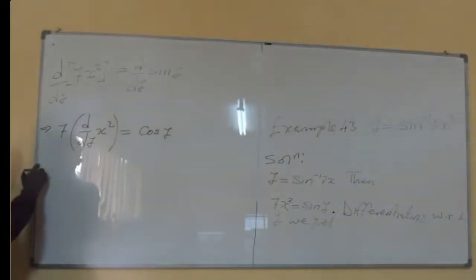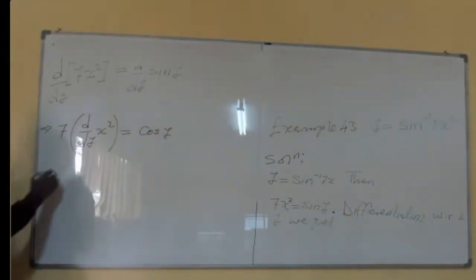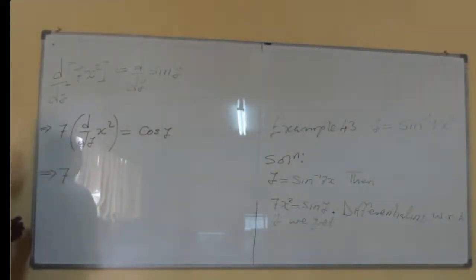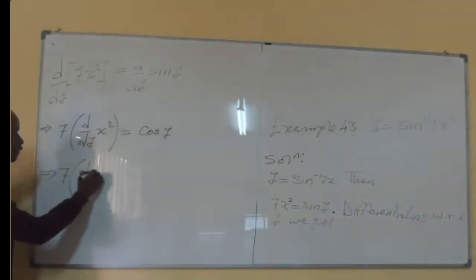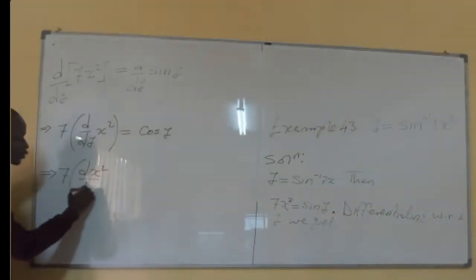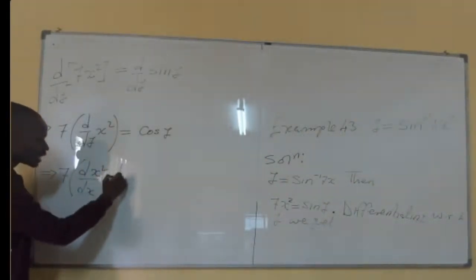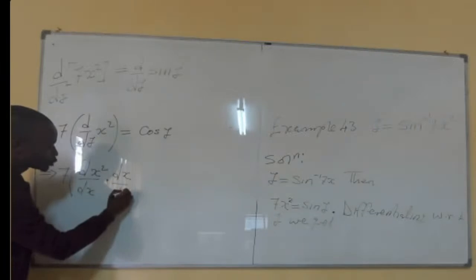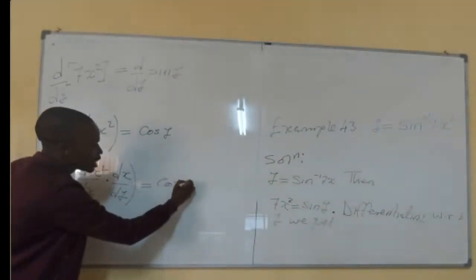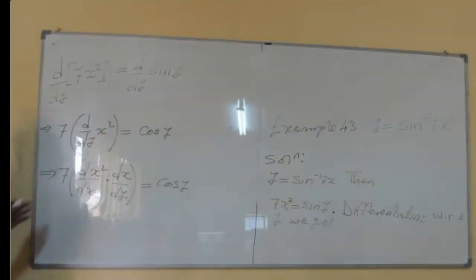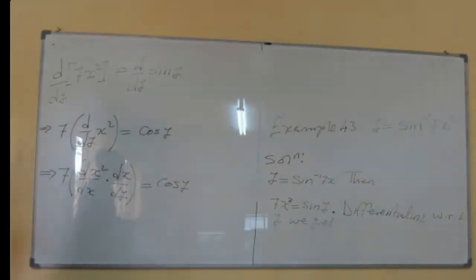Now, this means 7 times the derivative of x² with respect to x, times the derivative of x with respect to y. Why are we introducing this? Because on the left-hand side, we are differentiating with respect to y implicitly.